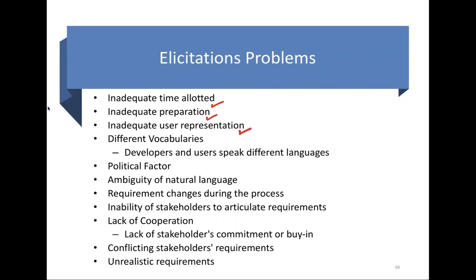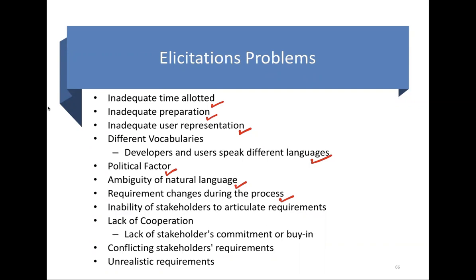There is different vocabulary, meaning developers and users might speak different languages, which is really challenging for eliciting requirements. There might be political factors that affect the elicitation of requirements. There might be ambiguity of the natural language between all the stakeholder types. Also, the dynamic change of requirements would affect the elicitation process, because you have to guarantee that every time requirements are changed, the elicitation is dynamically updated.